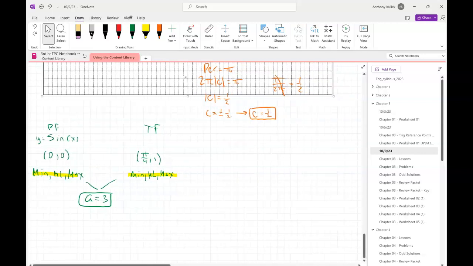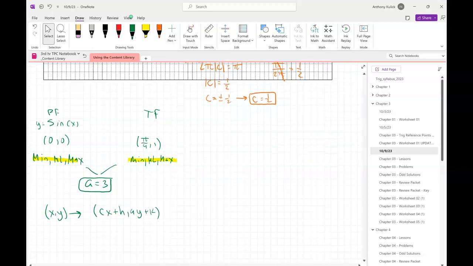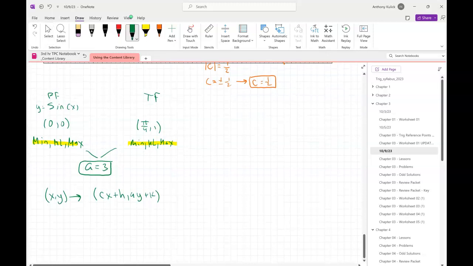All right, and then my last step here is I need to figure out my H. So to do that, I'm going to use this equation. So my parent function point is 0, 0.